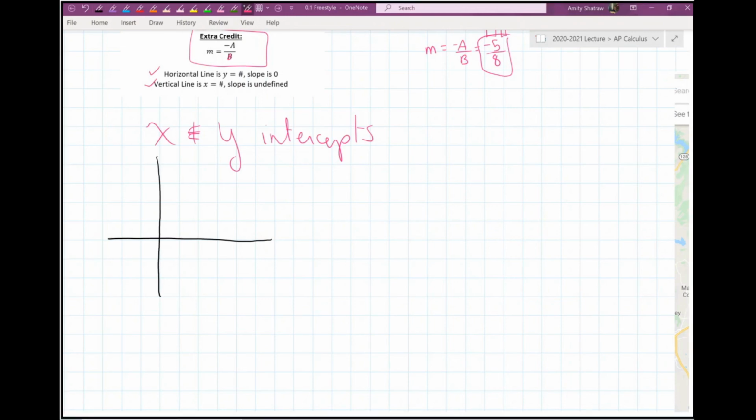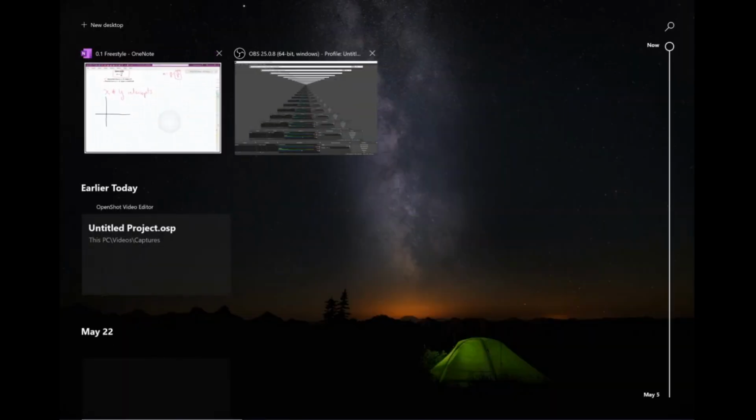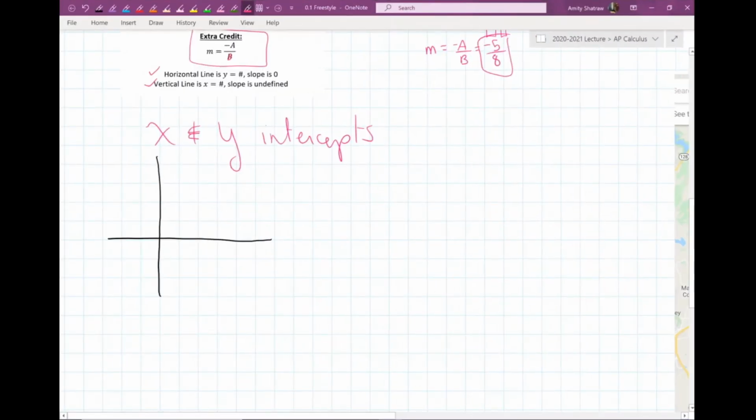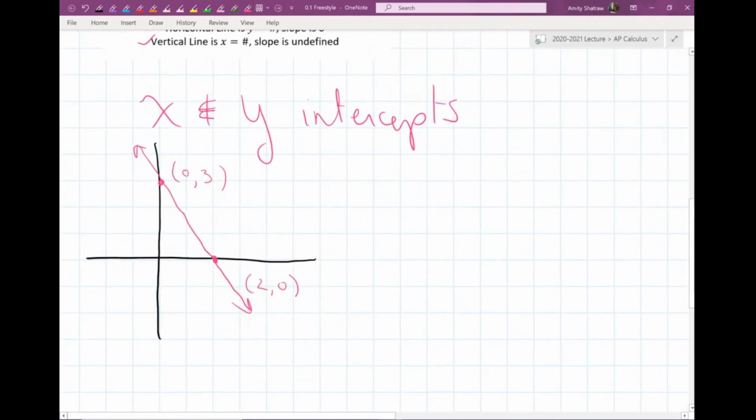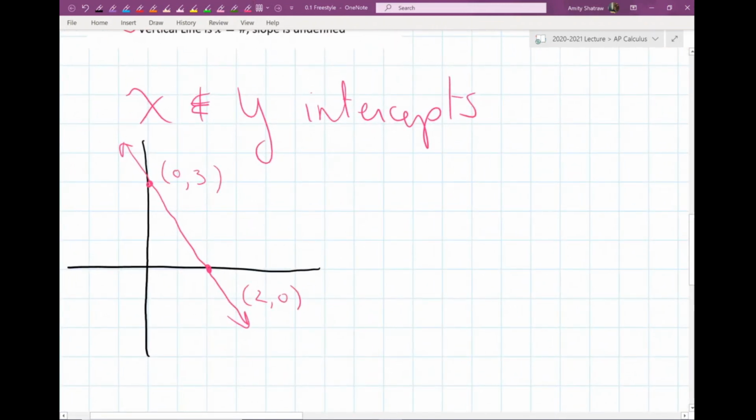If I have this line here, and it goes through these 2 points, and I have graphed it, and it's very easy for you to see that this point is 0, 3, and that this point is 2, 0. Then you should be able to tell me that this one is the y-intercept and that this one is the x-intercept.